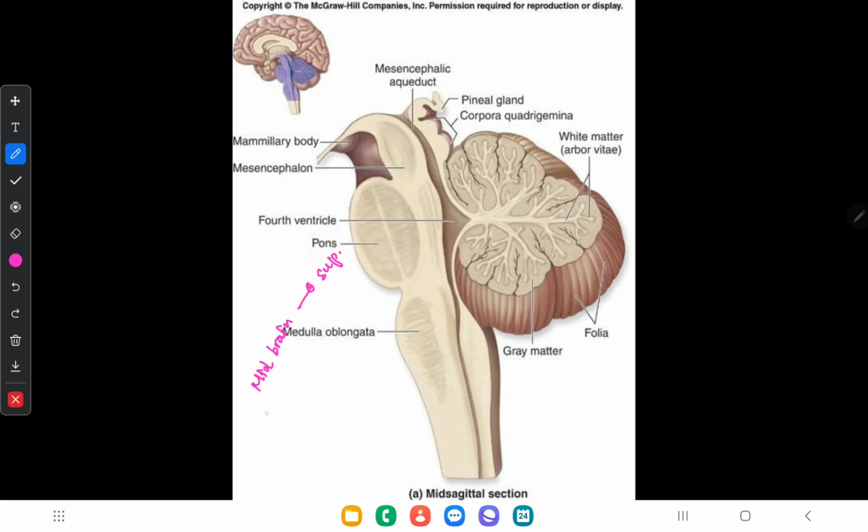Then the cerebellum is connected to the pons by the middle cerebellar peduncle. It is connected to the medulla oblongata by the inferior cerebellar peduncle.